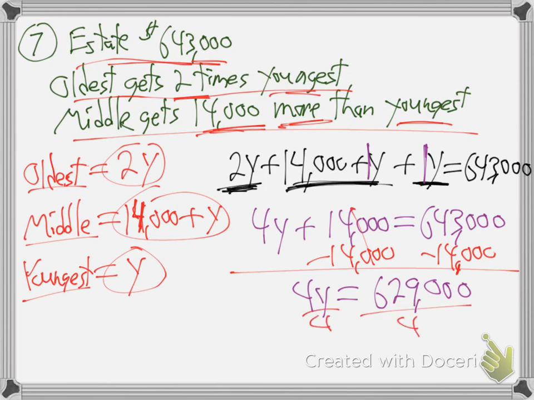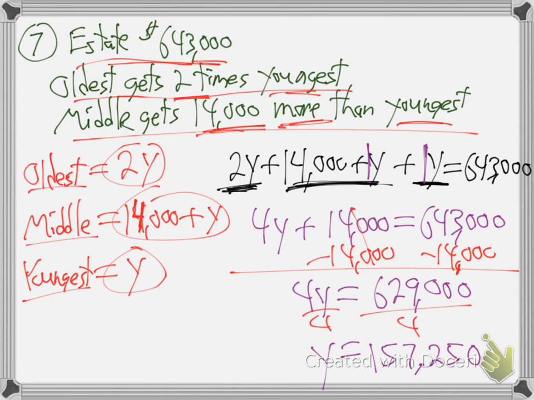And that one I don't know. 629 divided by 4, what is that? That's 157,250. Is that what y'all are getting? So that's how much the youngest got. That's Y, the youngest: 157,250. That's a pretty good deal still.